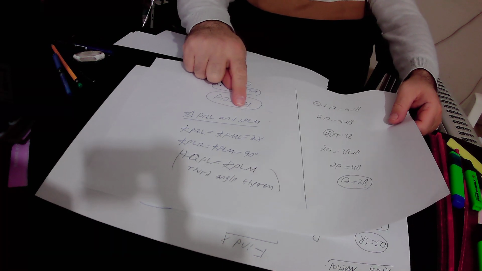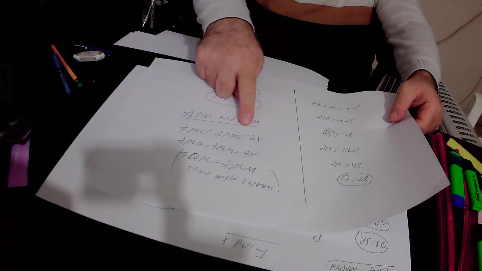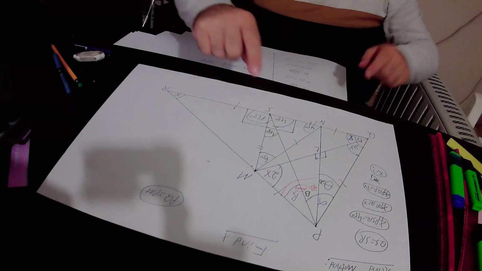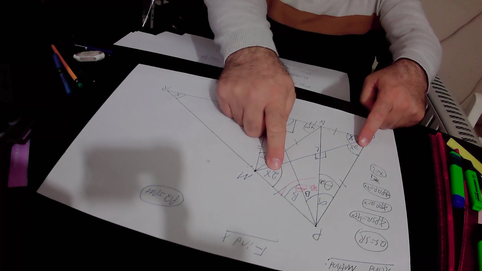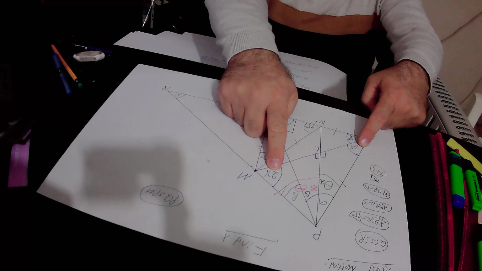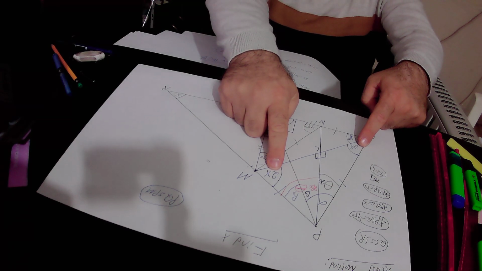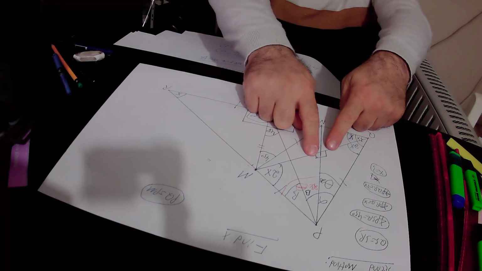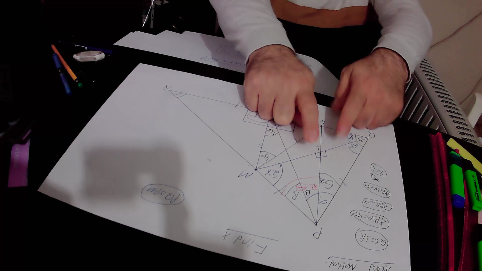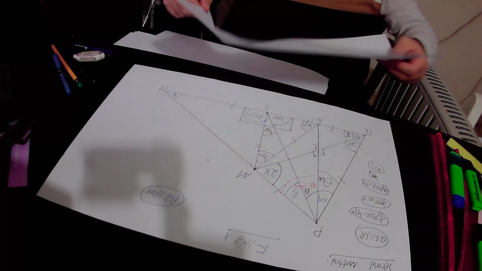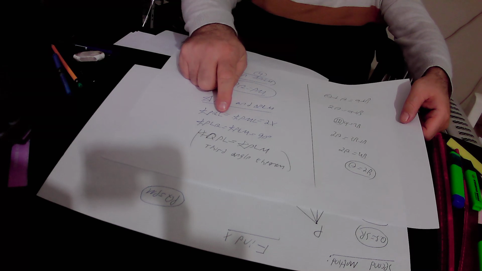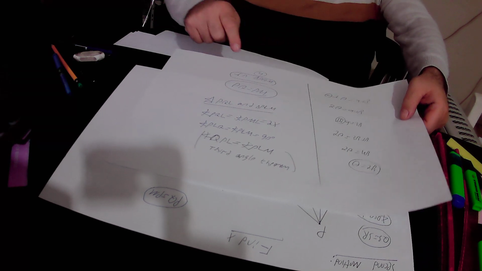In those two triangles, angle PQL equals angle PML equals 2x. Those two angles are equal to each other, so we have the first pair of angles that are congruent in those two triangles. Those two right angles are also equal to each other, so angle PLQ equals angle PLM equals 90 degrees.